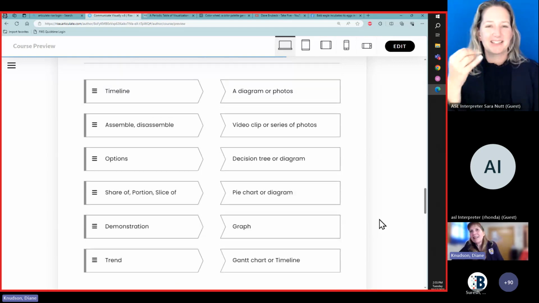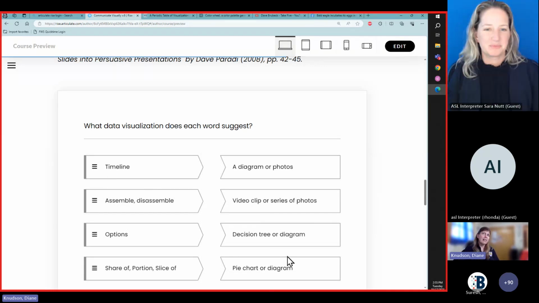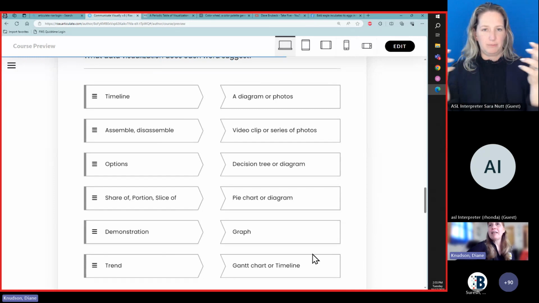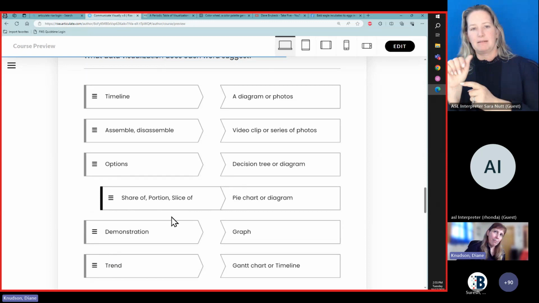Thank you. So what data visualization matches with what word? Let me give you one. Share a portion of this is pie chart.